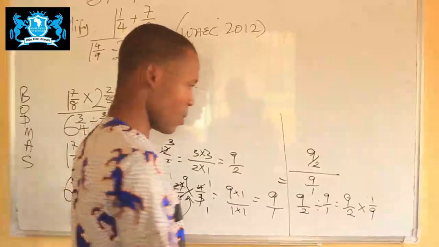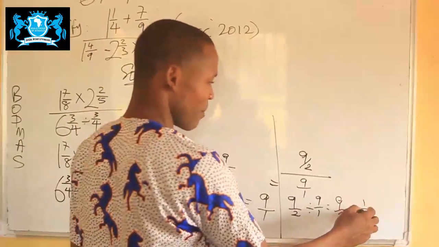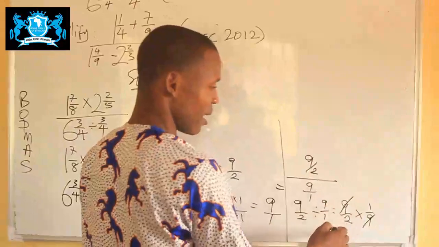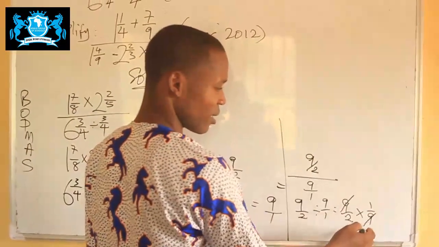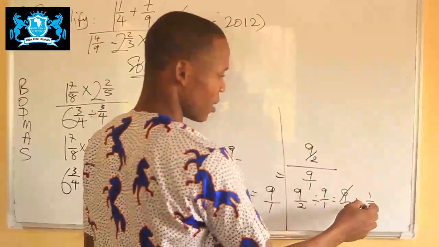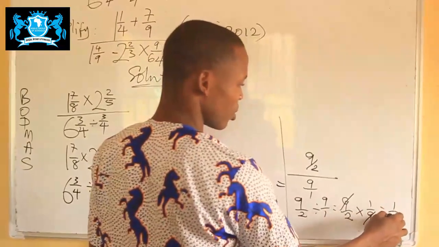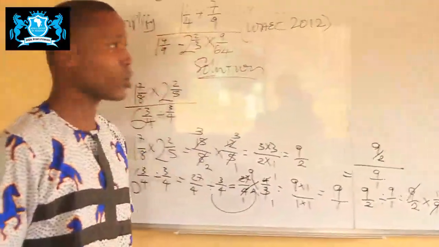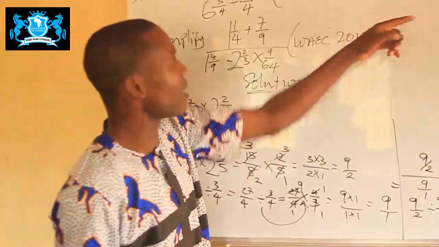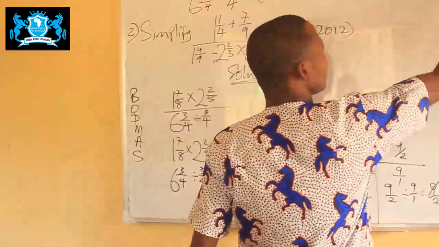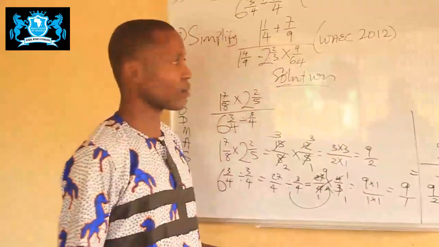You know what we did earlier. So we divide 9 by 9, which gives 1. So we will now have 1 over 2. 1 over 2 has come out to be the final answer. If you look at this, you now see that D is the correct answer.